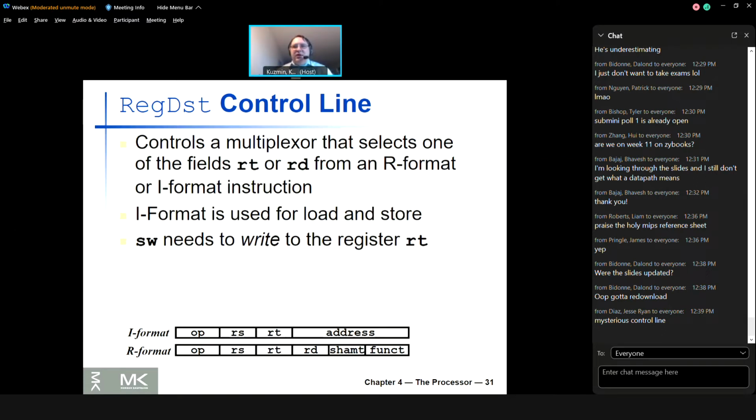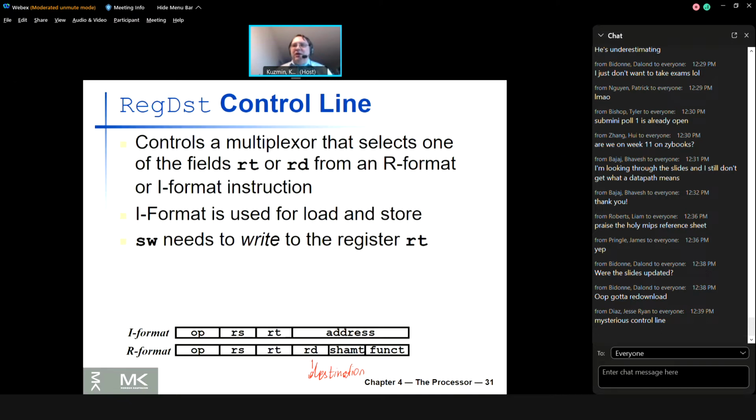This is the destination, always, and it's very nice and neat that we have 3 registers. 2 are source registers, RS and RT, and the third one is their destination register.